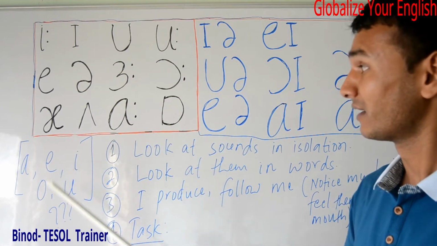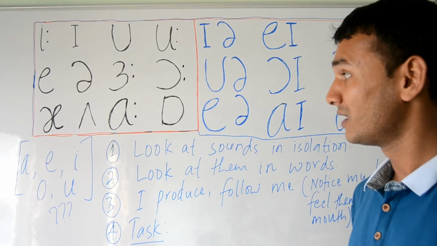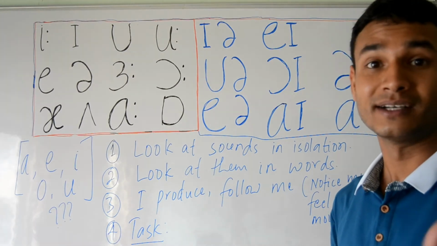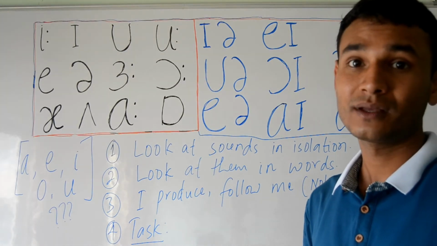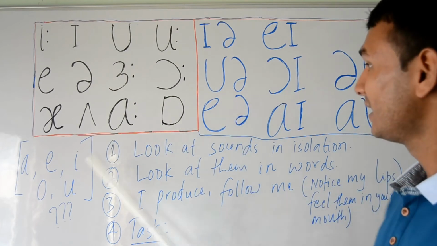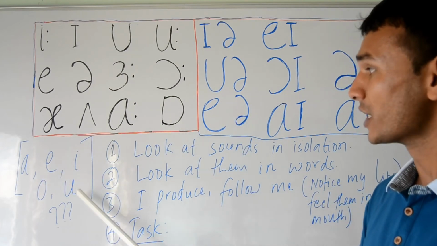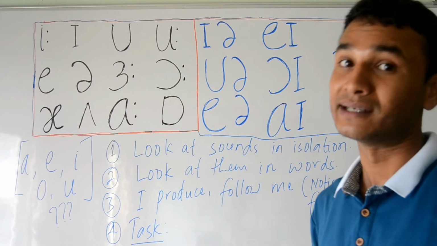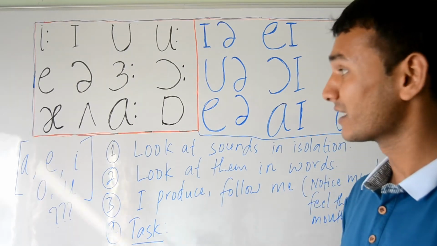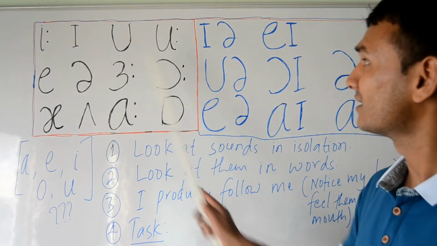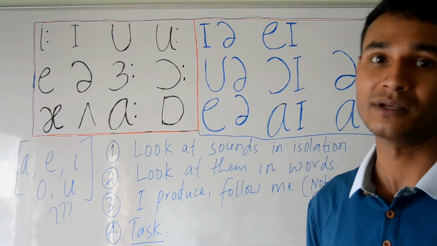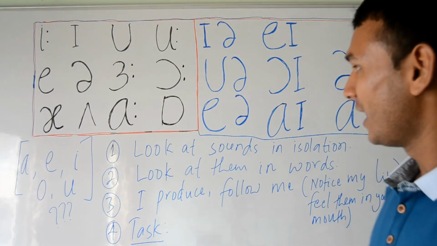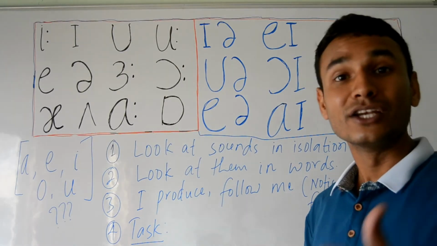Do not get confused between vowel letters and vowel sounds. These are the vowel sounds, and A, E, I, O, U are the vowel letters. With the help of these letters in words, we get different sorts of sounds in English. That's the difference. Okay, let's look at the sounds individually now.